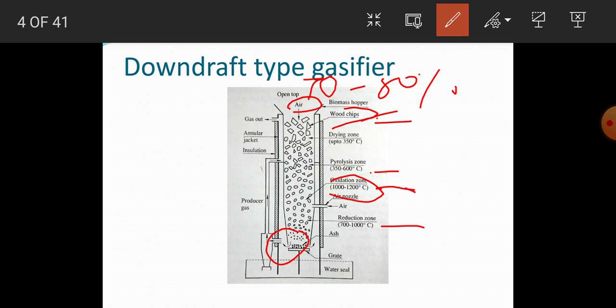The hot gas which enters the annular jacket at around 500 degrees Celsius transfers some heat to the wood chips inside, improving the thermal efficiency of the system in addition to drying the wood in this zone.